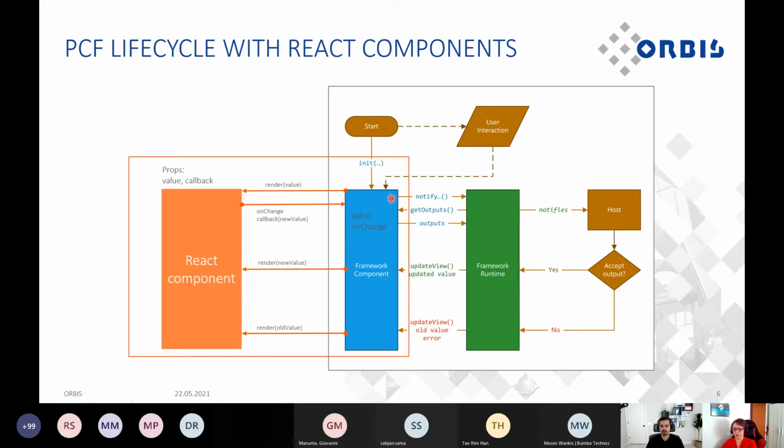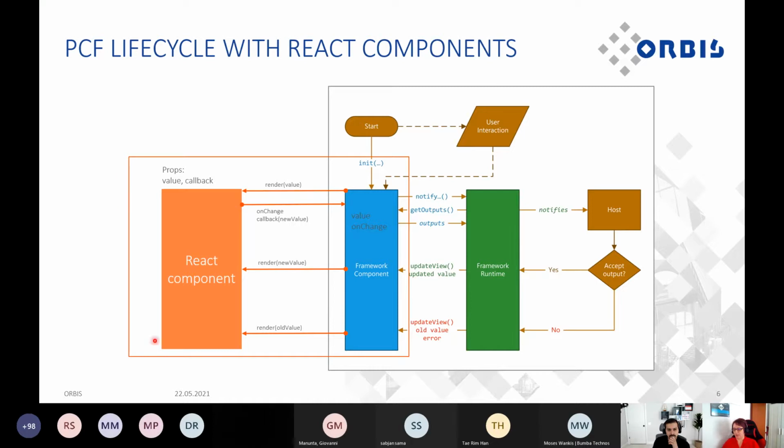We can see that at the start, the init or the update view method is called. When there is a change, we notify the platform and get the outputs, and the outputs are sent to the host, which sends them back to the component.